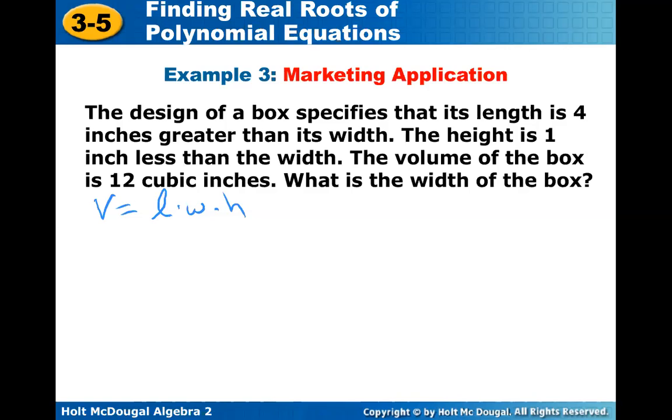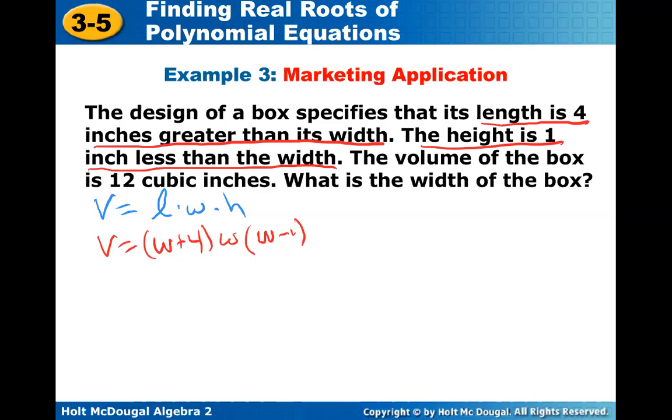The length is 4 inches greater than its width. So that means our volume is going to be width plus 4, times width, times height. The height is 1 inch less than the width. Well, would the height be W minus 1 then?